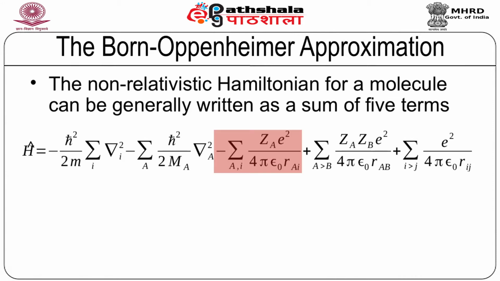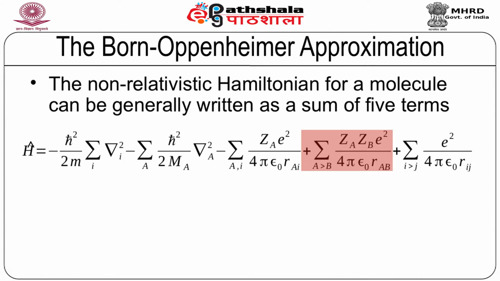minus sum over A, i Z_A e square divided by 4 pi epsilon 0 r_Ai. This corresponds to the attractive interaction between the nuclei and the electrons.